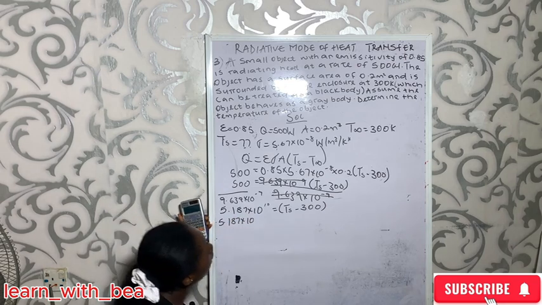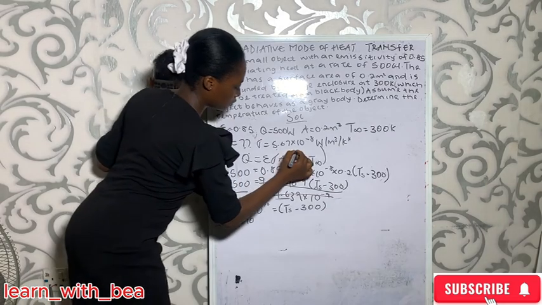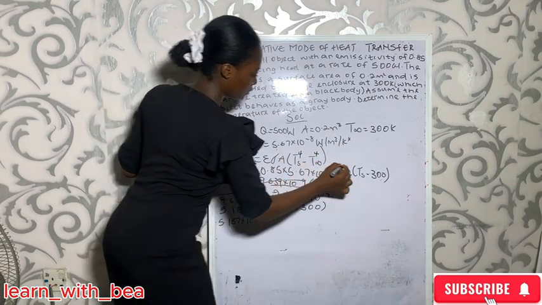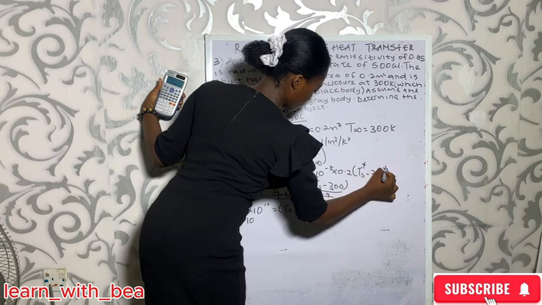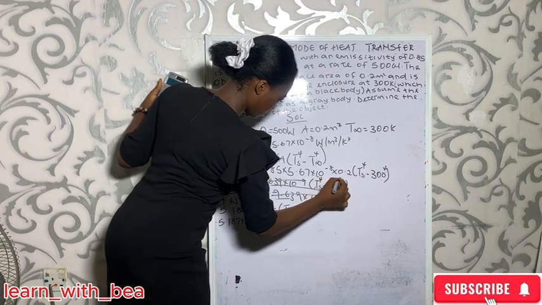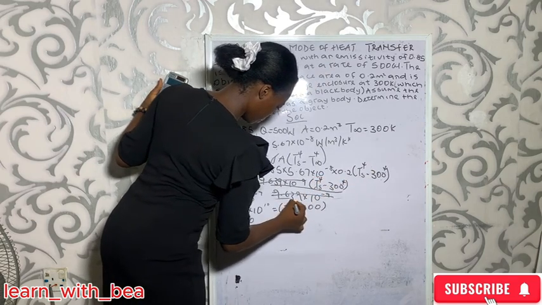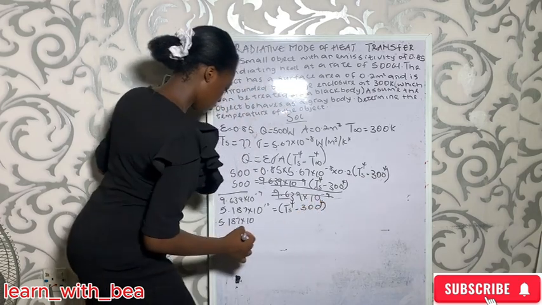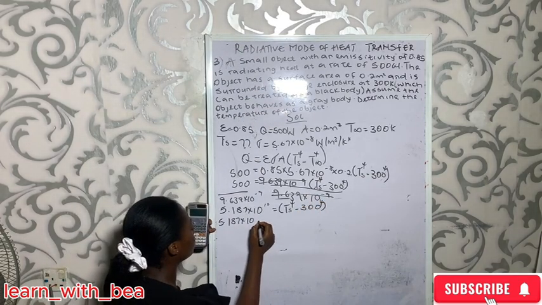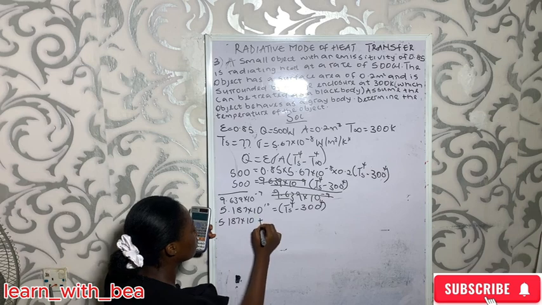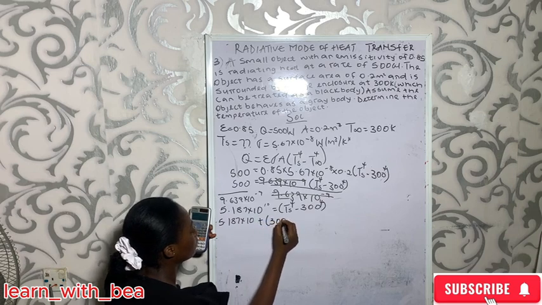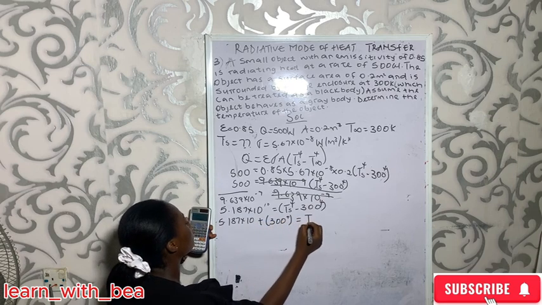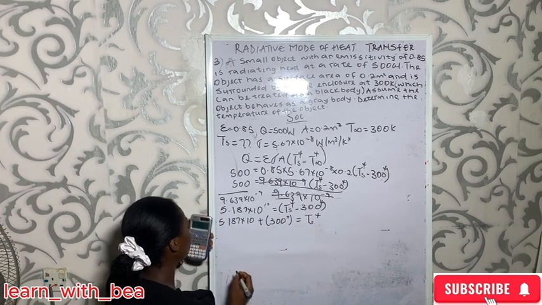Sorry, I didn't include the power 4. So this would be plus 300 raised to power 4 equals Ts raised to power 4.